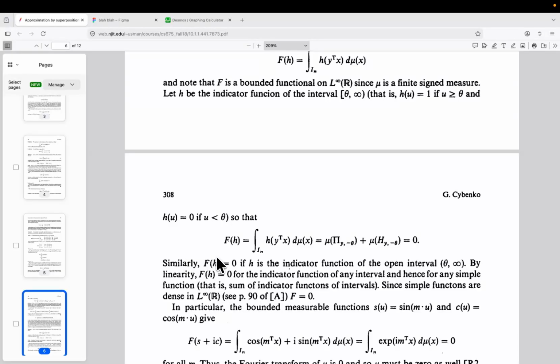Similarly, by linearity, f of h equals 0 for the indicator function of any interval, and hence for any simple function.